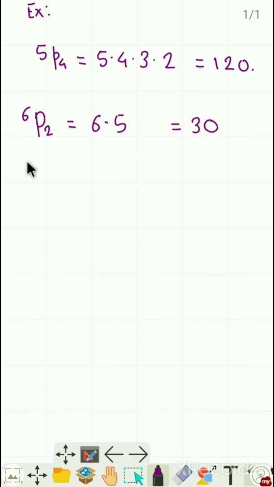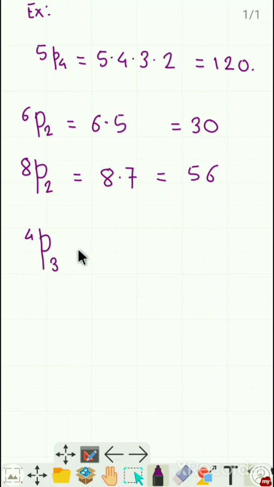One more example, 8P2. It is 8 into 7, 56. Then we write 4P3. On the right hand side there must be three factors, 4, 3, 2, and the product is 24.